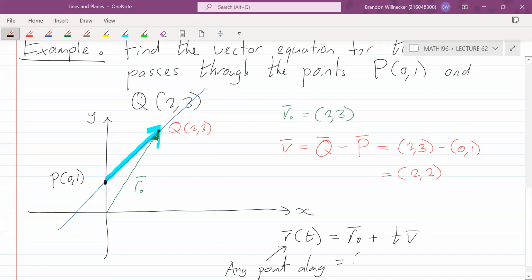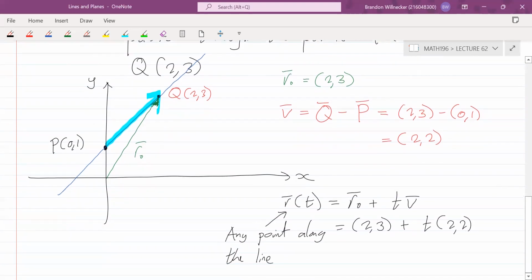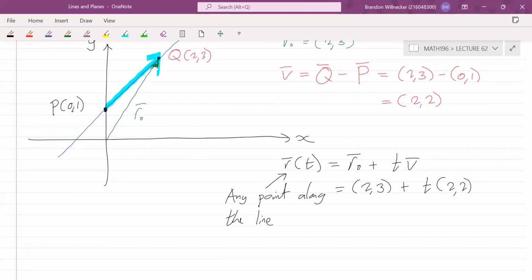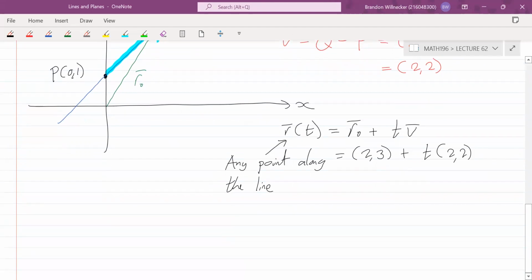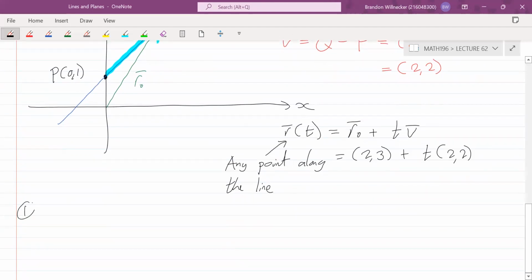So this is going to be (2, 3) plus t times (2, 2). If you provide a value of t, that will give you a point on the line. Okay, so this is the vector form of the line, but there are several other forms that you can write as well. So let's just go through them.